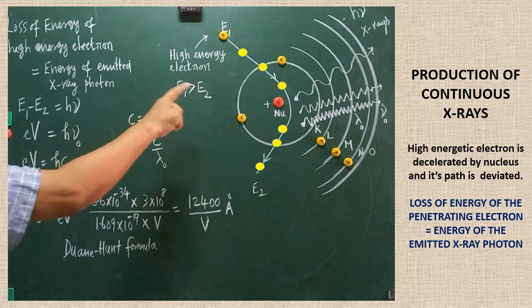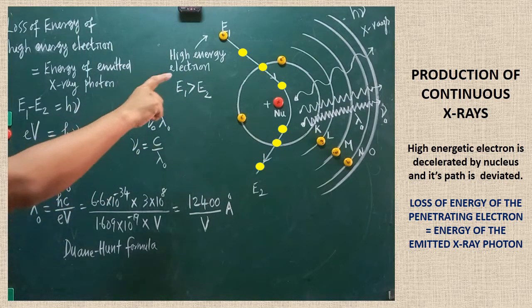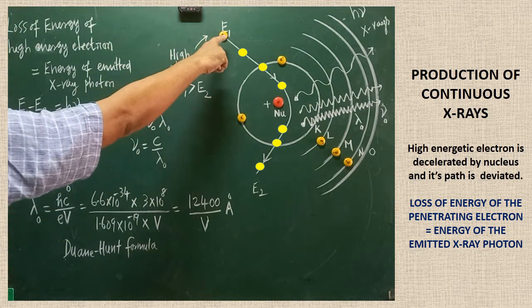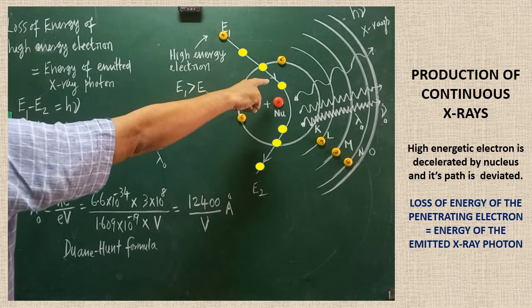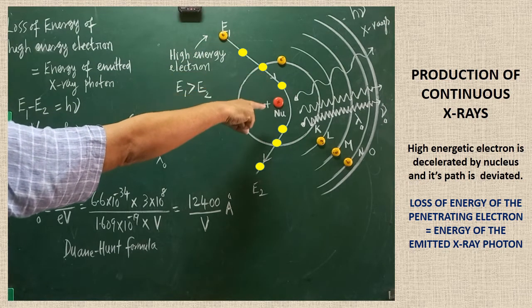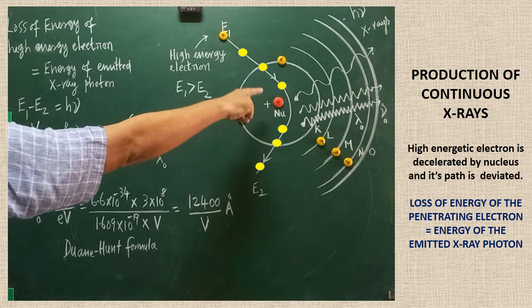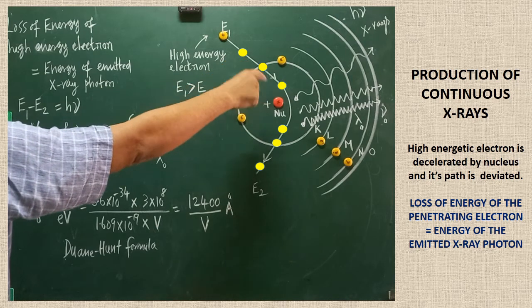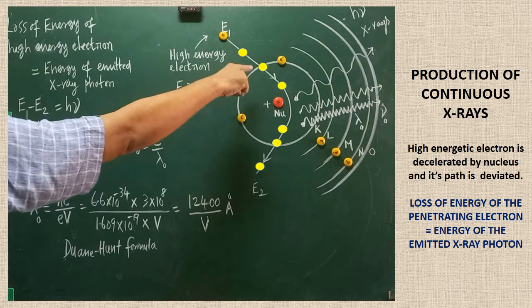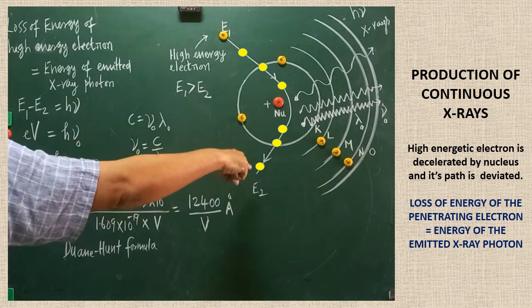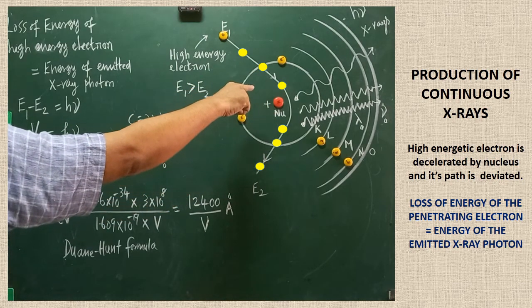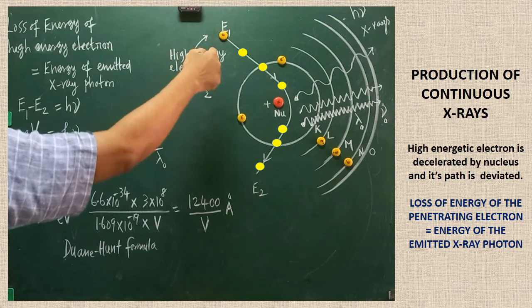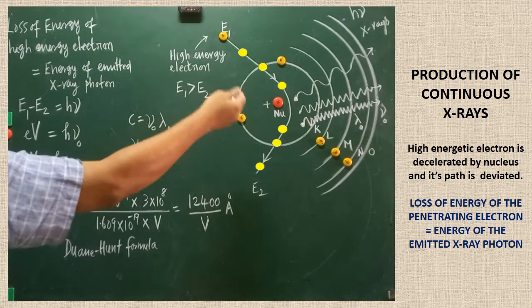The main important thing is the fast moving electron, when it enters into the atomic system, what happens? The nucleus of the atomic system attracts the electron, because of that its path is deviated. Due to Coulombic attractive force, the speed of the electron is reduced, that is, decelerated.